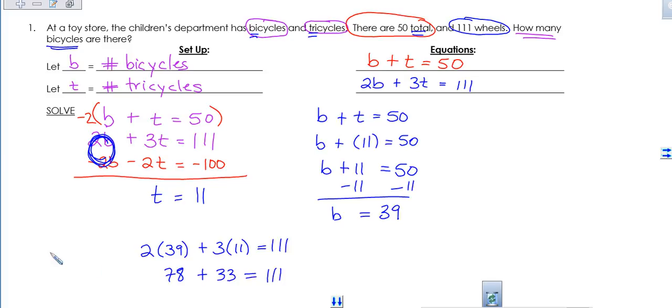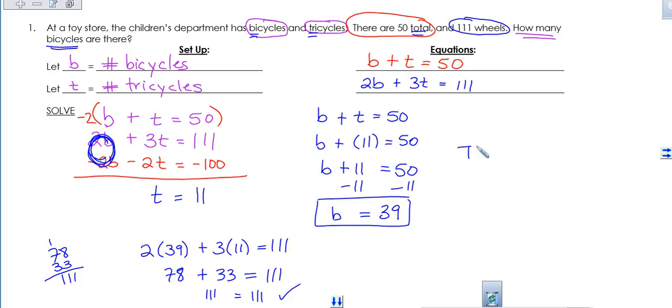And then let's come over here, 78 and 33. That's 1, carry the 1, that's 10 plus 1 is 11. So we do get 111 equals 111, and so it checks. And so the number of bicycles right here, B, is 39.